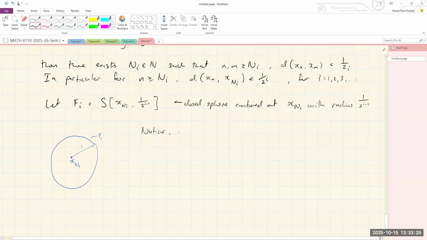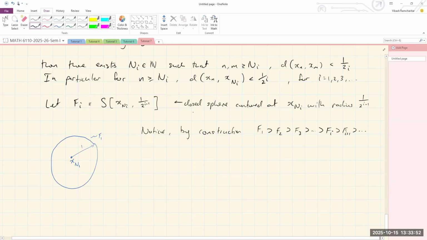Notice by construction, F1 contains F2 contains F3 contains Fi contains Fi plus 1. Right?